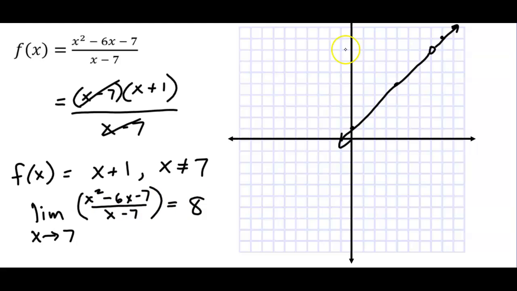So you're up here at 8, and you're here at 7. It's not defined at 7, it's just the limit as x approaches 7. Okay, so hopefully that example makes some sense.